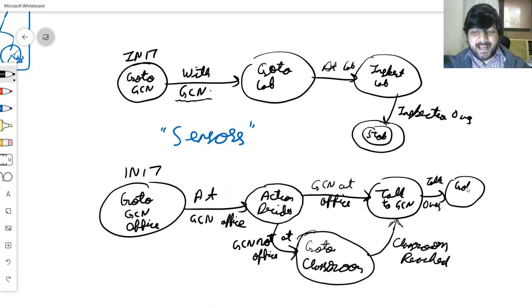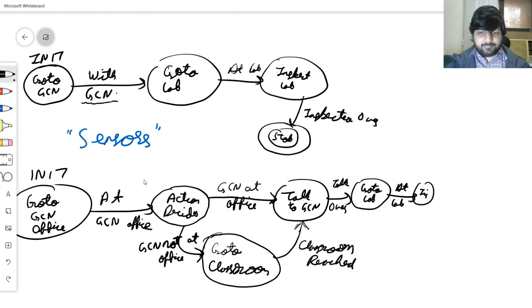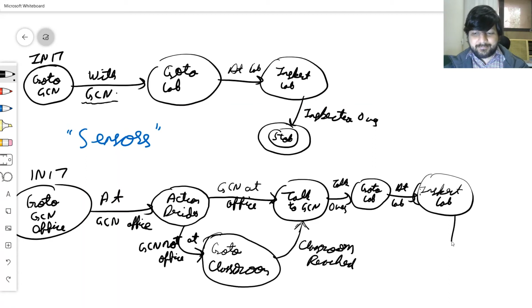So I go to lab. And at lab, I inspect. So I inspect lab, and of course, after inspection is done, inspection over, then I stop.